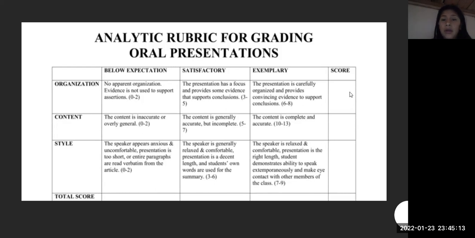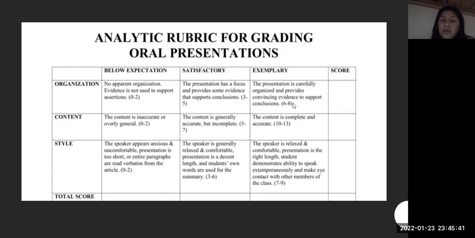For example, the student presents work in an exemplary way. For example, the presentation is careful, organized, and provides convincing evidence to support the conclusions about the type of movie that they like.